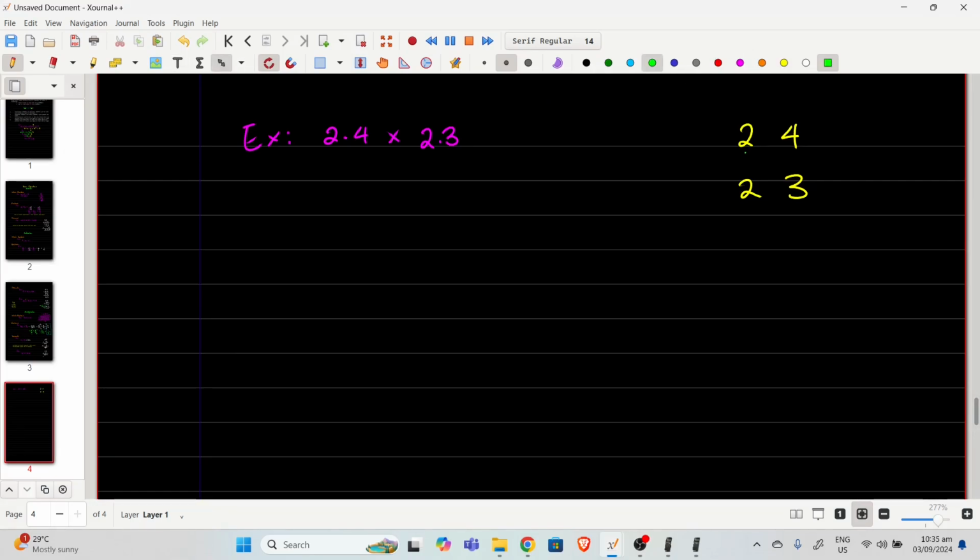So I have 2 by 2 here, which is 4. And I'll put in that 4, and since it's in the tens position, I have 2 zeros, so I just simply put 0, 0. Then I look at these two numbers. 2 by 3 is 6, and since I have one number in the tens position, that's 6 with a 0.